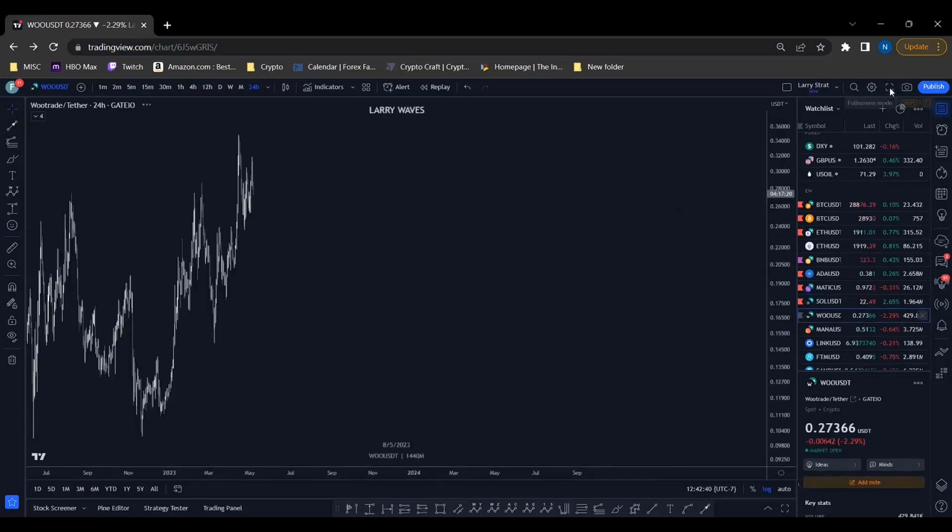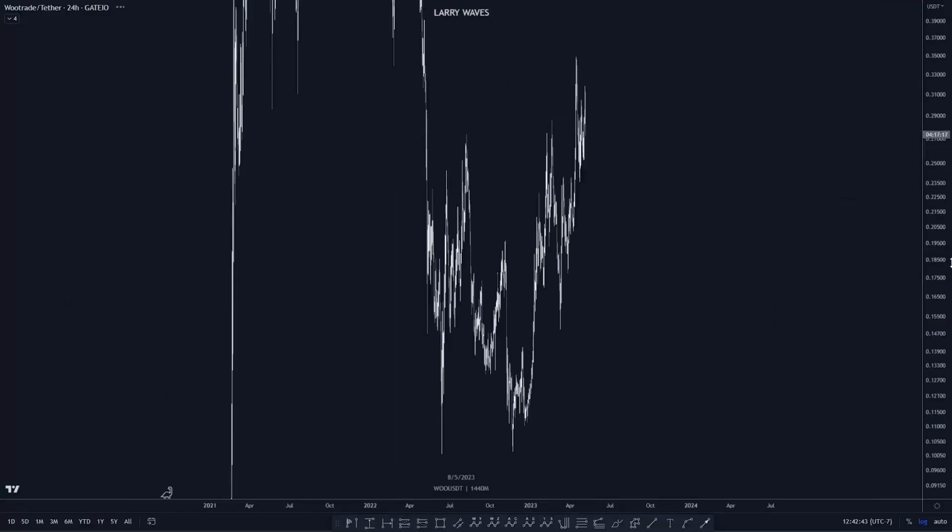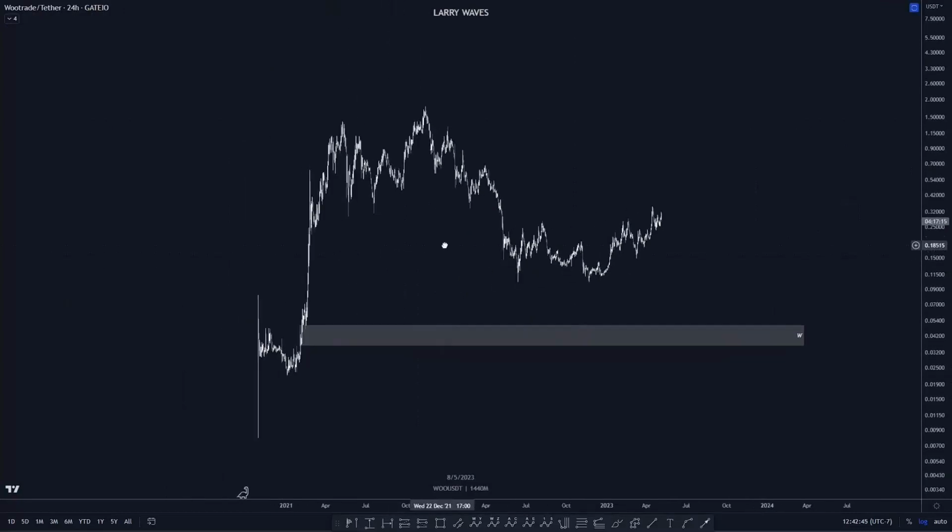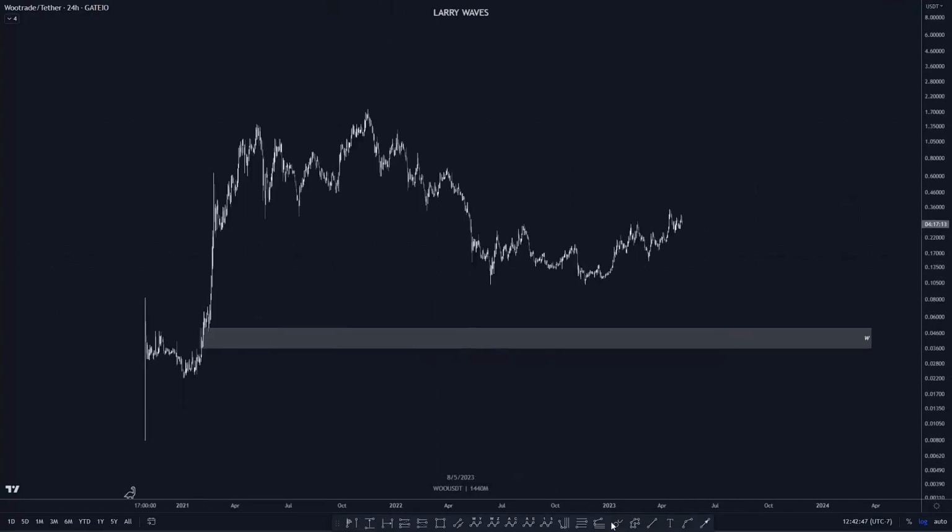Take a look at Woo. Like I said, I like the look of this coin because of how beautiful this structure is right here. It's a very nice one, a sharp ABC for a two right here, a very strong push up for three, almost a picture perfect triangle right here, and a push up for a five. I mean, you really couldn't get any more perfect than this.